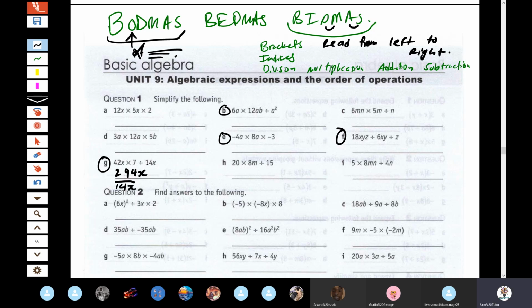So you can see it's pretty much what we've just done. Just you can say it's got an extra step. Your x's straight away, you can cancel them out. 294 divided by 14 should be 21. All right, any questions there?